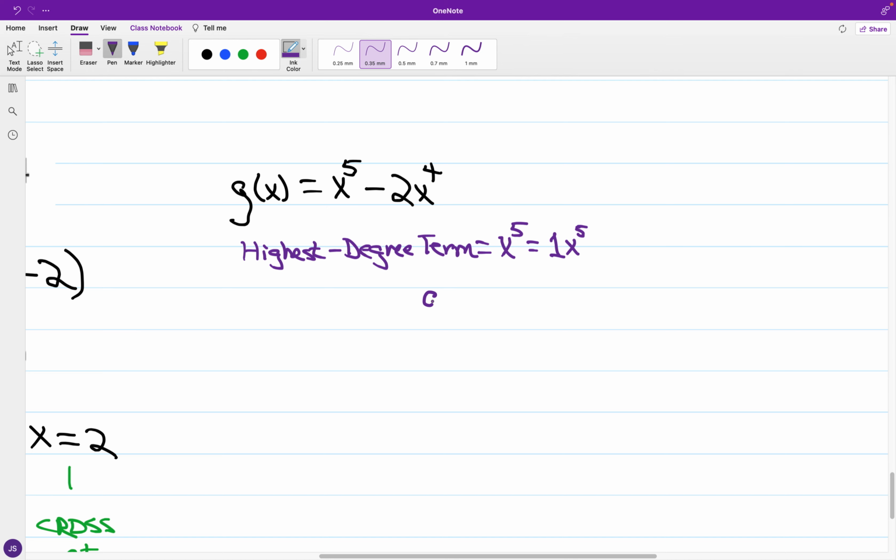For what we have here, a of n is equal to 1, so that is going to be positive, and the degree n is equal to 5, which is an odd value. In the case of the end behavior, say EB for end behavior, just like number 59, you're going to have down to the left and up to the right.